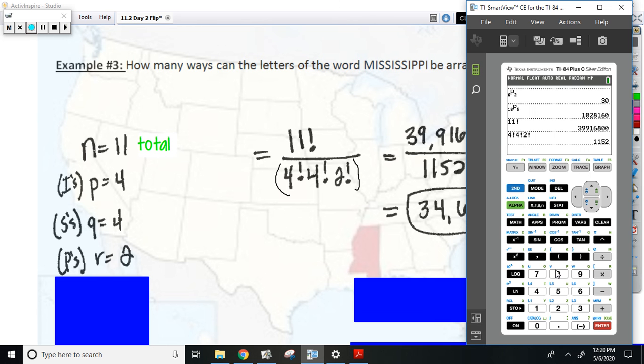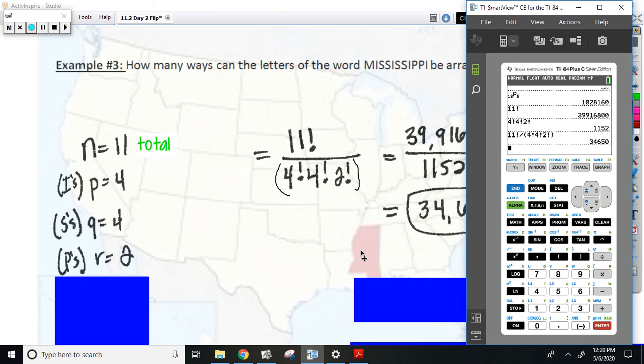Now, if you'd like to type it in one button press, you just have to make sure you put parentheses. So 11 factorial divided by, if you forget the parentheses, you'll get the wrong answer. But you can see I got the same answer if I typed it in one calculation, which you are permitted to do.